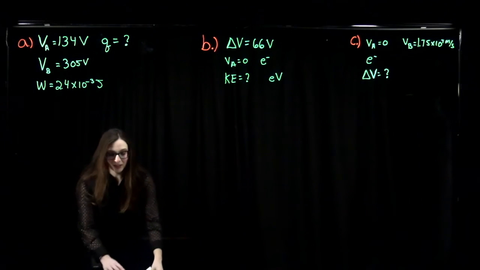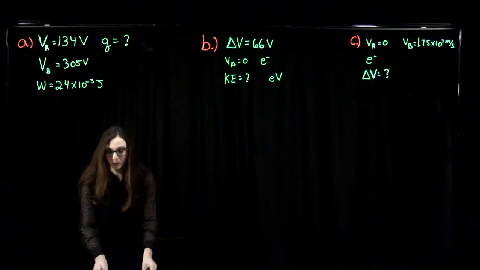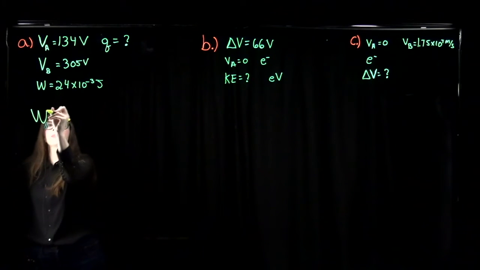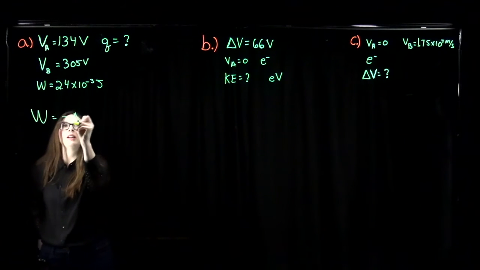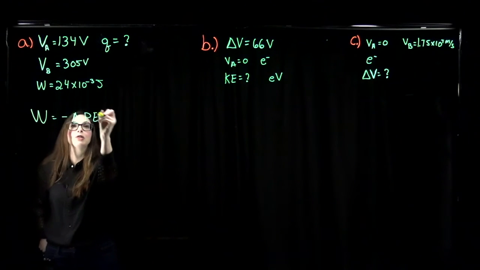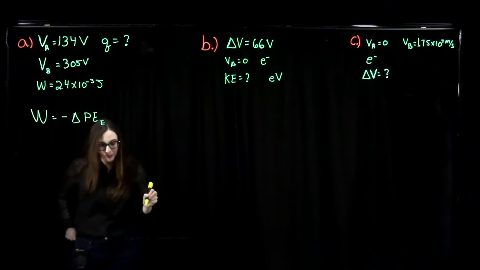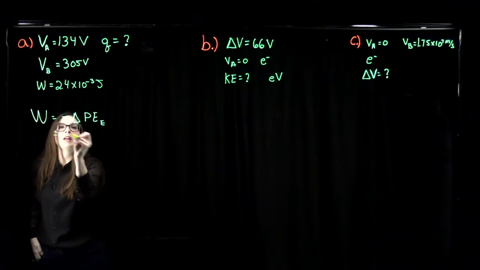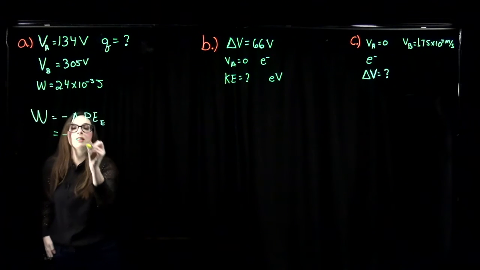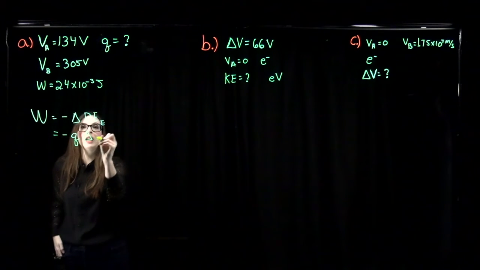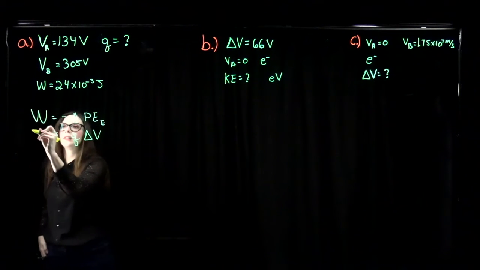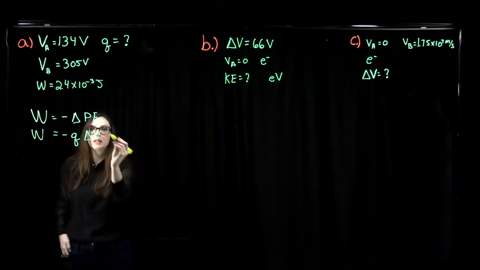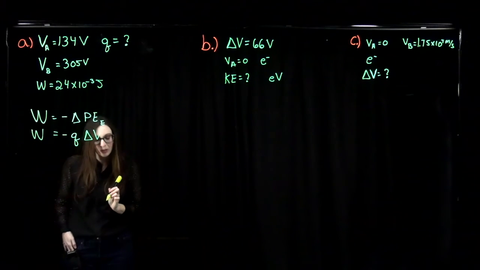Well, to solve for this, we can start with our equation that work is equal to minus the change in our electric potential energy. And we also saw earlier that the change in electric potential energy is the charge times the change in the potential difference. So work then is going to be minus Q times our change in potential difference.